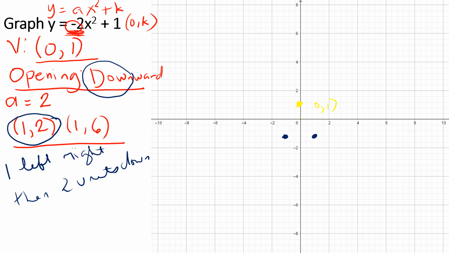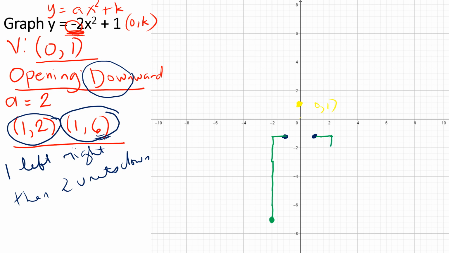Yan. After that, we're going to have 1 unit again to the left and to the right. But now 6 units downward. So let's have first your 1 to the left and right from this point. Then 6 units downward. So 1, 2, 3, 4, 5, 6. So here's our point.